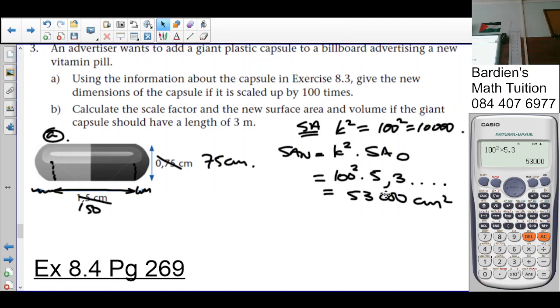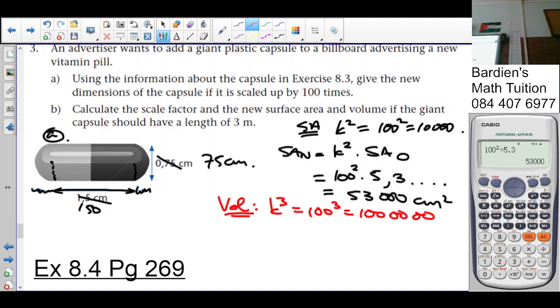Well, the volume for the k cubed is going to be 100 cubed, which is 1, 2, 3, 4, 5, 6. So a million times bigger for the volume. So the volume of the new piece is going to be k cubed times the volume of the original piece.